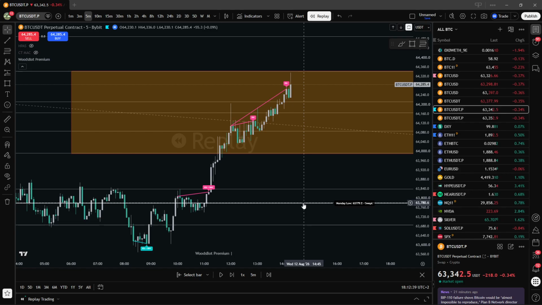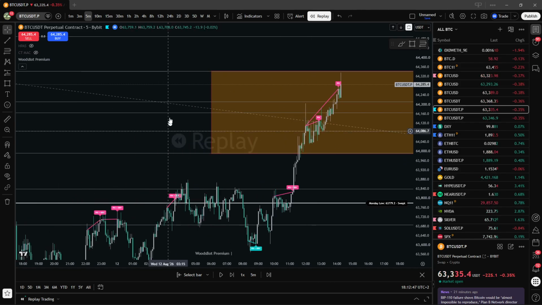Again, my rules for trading are it needs to touch a Fibonacci number, it needs to have bearish divergence, and it needs to hit a Woodsbot level. The time frame doesn't matter. The Woodsbot level can be on the 1 hour, the 4 hour, the daily, or the 5 minute. It doesn't really matter.